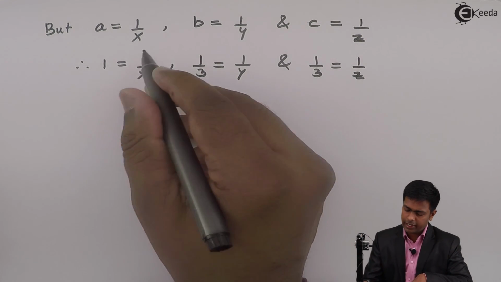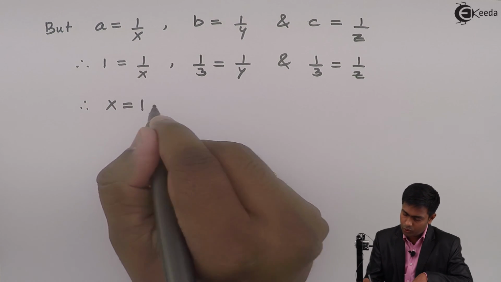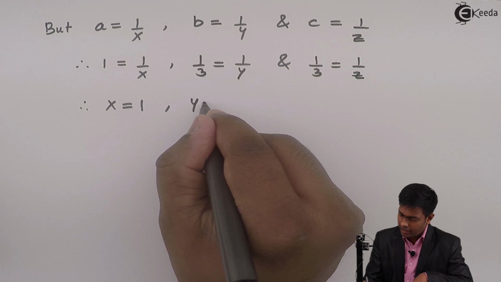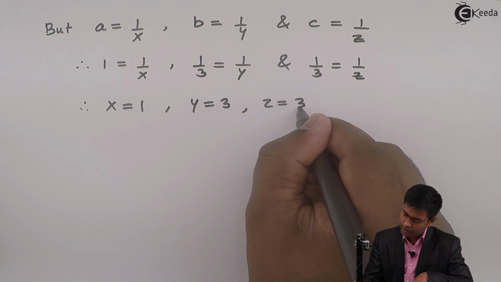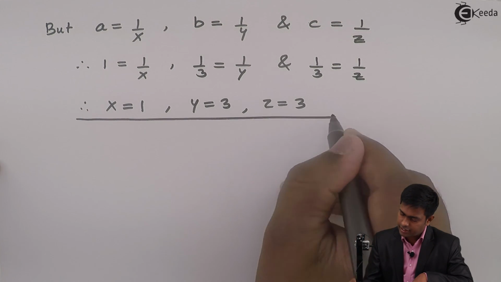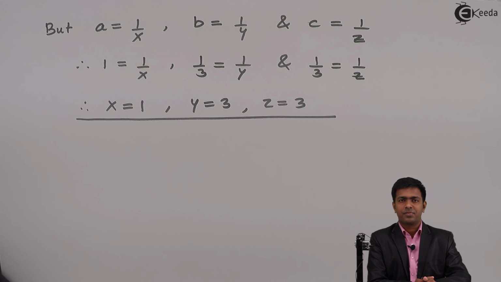So by taking the inverse we will get x equal to 1, y equal to 3 and z equal to 3. So the value of x is 1 whereas the value of y and z is 3. Thank you.